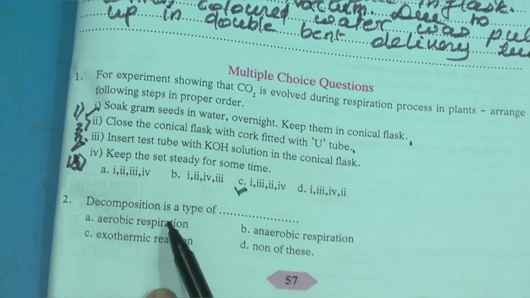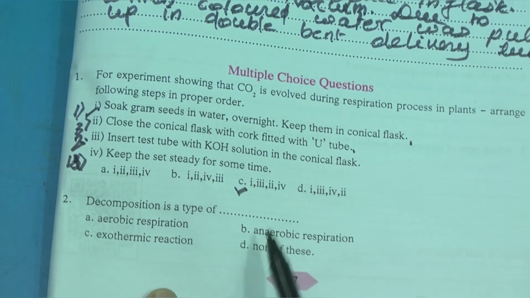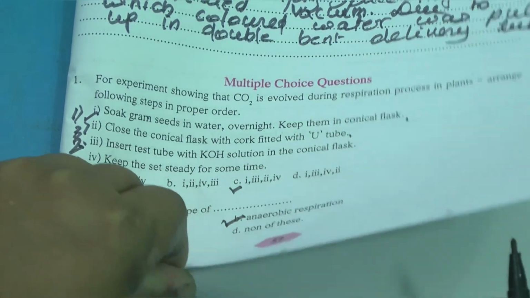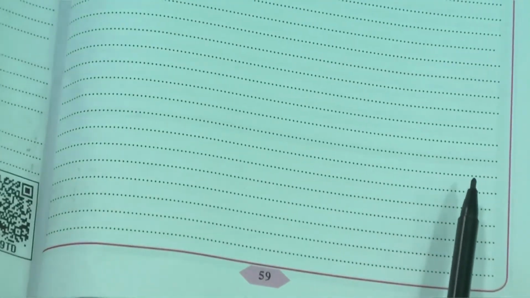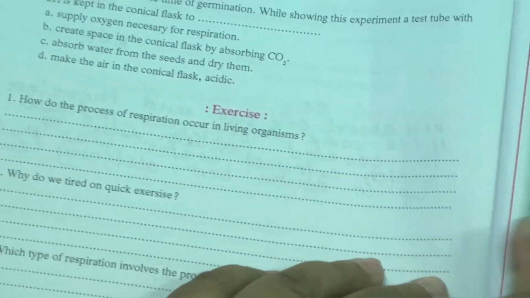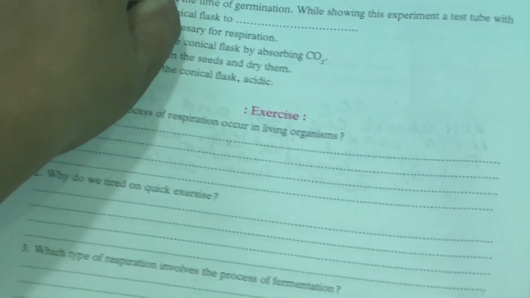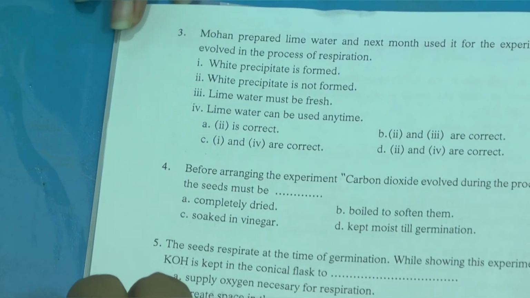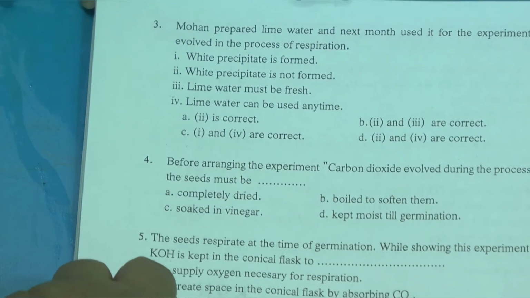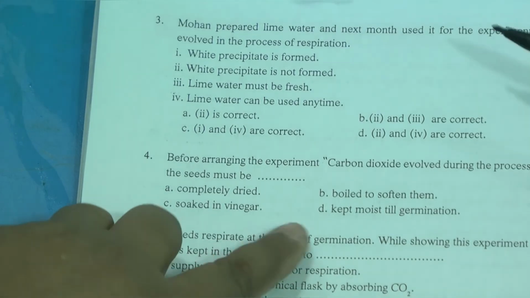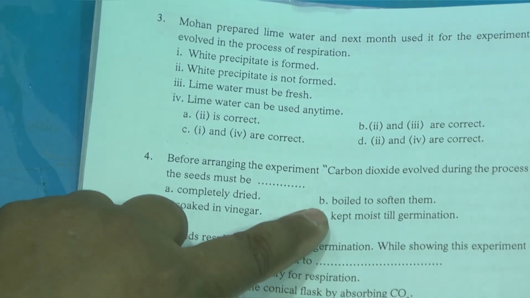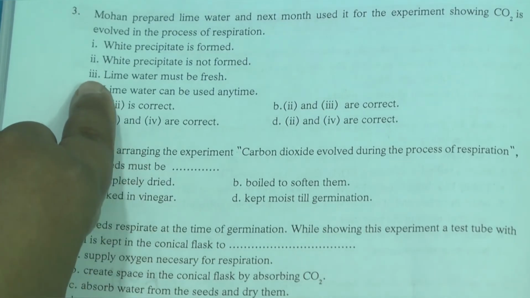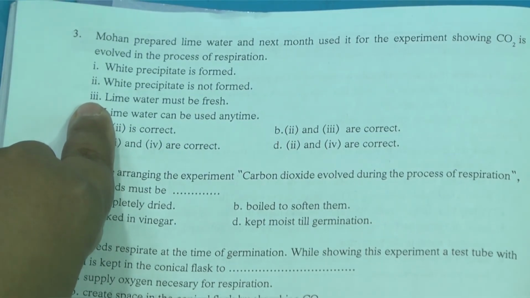Now the second one, decomposition is a type of anaerobic respiration. Mohan prepared lime water and next month used it for an experiment showing CO2 gas is evolved in the process of respiration.